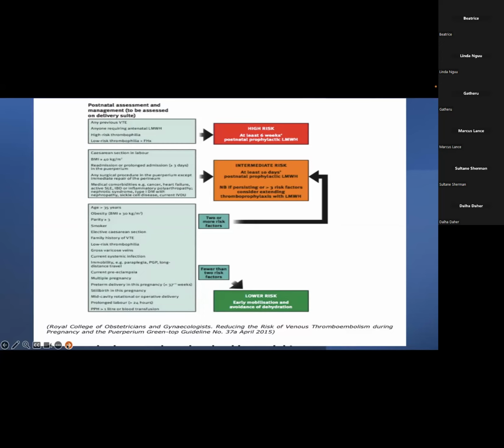Note that if there is persisting or greater than 3 risk factors, consider extending thromboprophylaxis with low molecular weight heparin for up to 6 weeks.